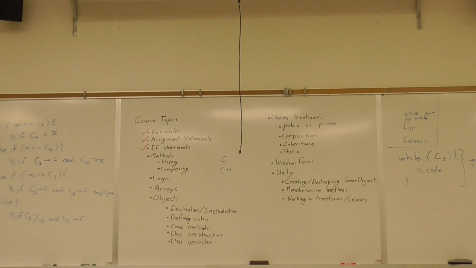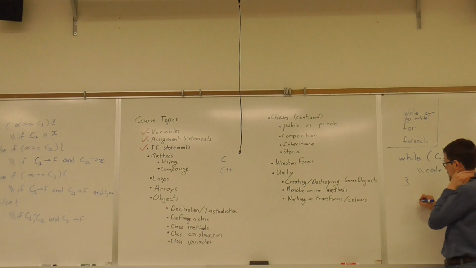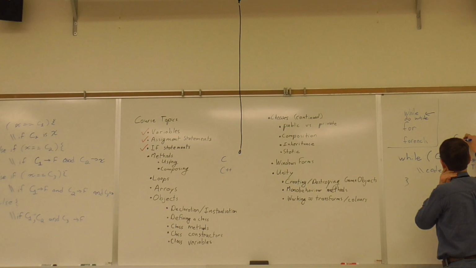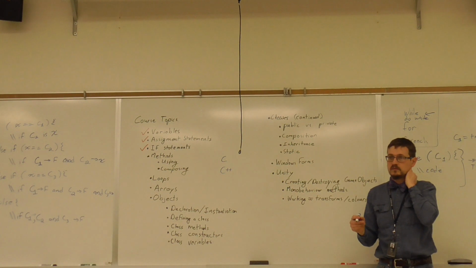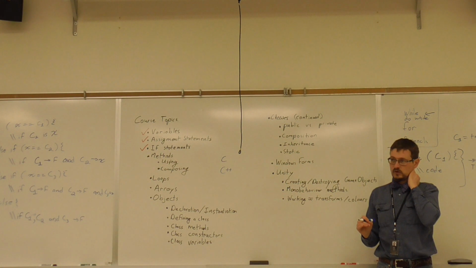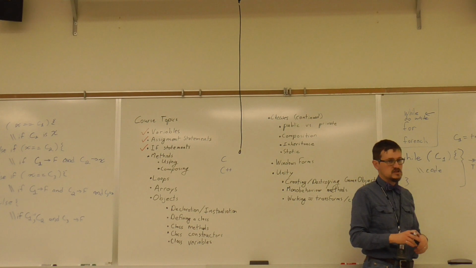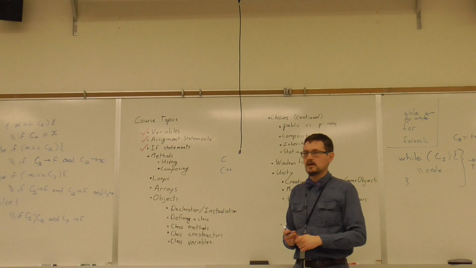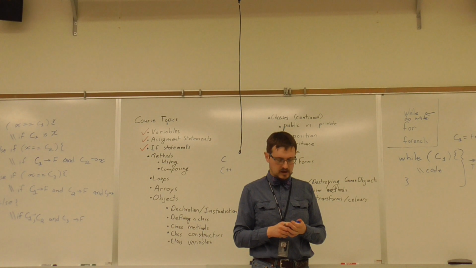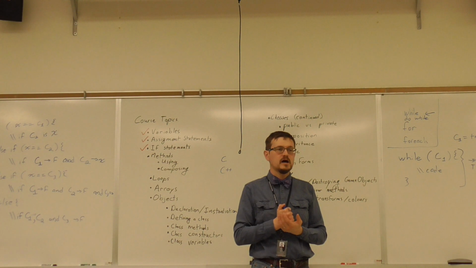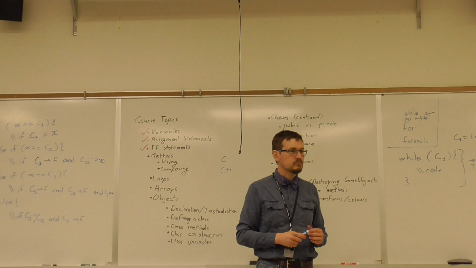Sometimes you want this, but most of the time you don't. The easiest way to set this up is to put the truth literal as the condition. The truth literal can never be false, so that's just an infinite loop. Infinite loops are a very common source of bugs in programs.